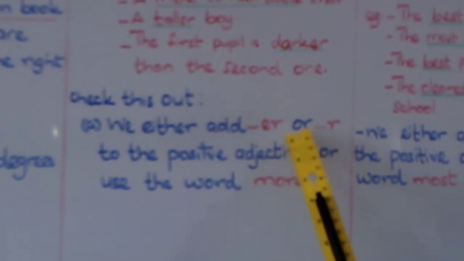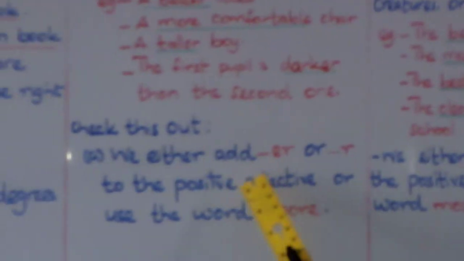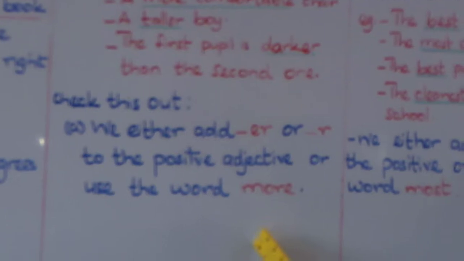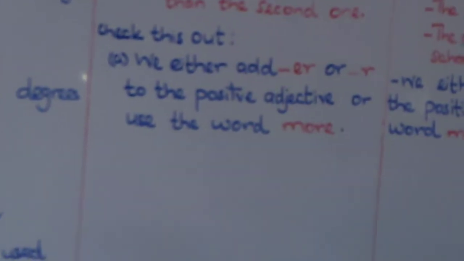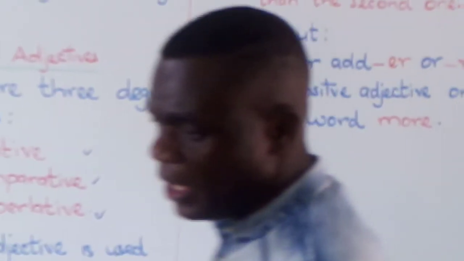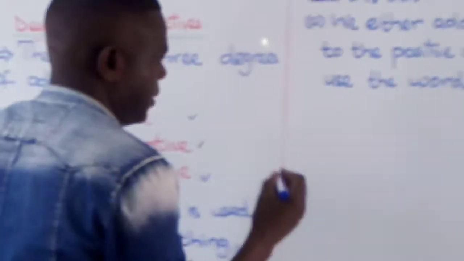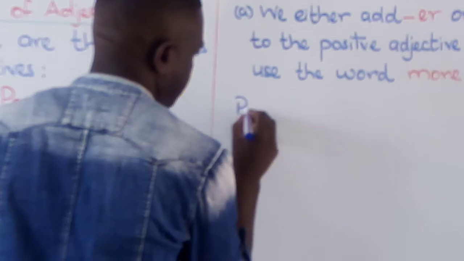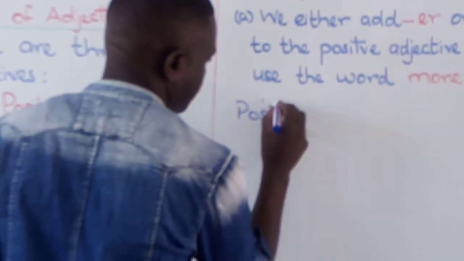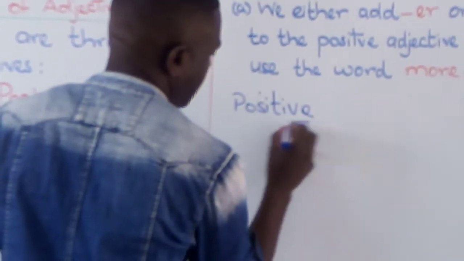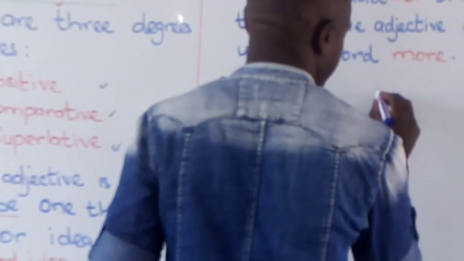We either add er or r to the positive adjective, or use the word more to make it comparative. Let's try this. And I know you can try this at home. Now, positive is this. This is positive. And this is comparative.